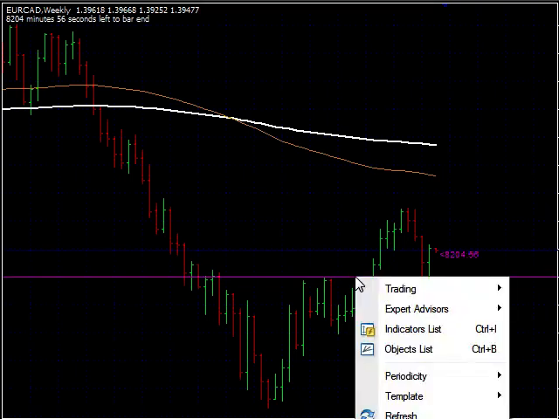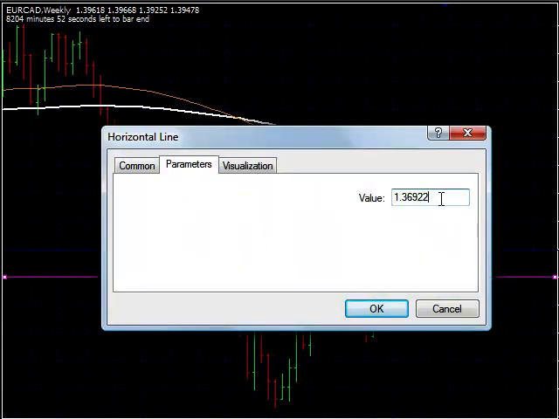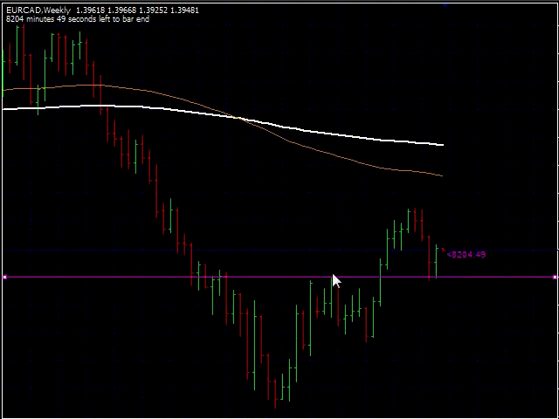Let me draw this at the 1.36900 level. We usually like to draw the price pivot at the even number. So this is the 1.36900 level.